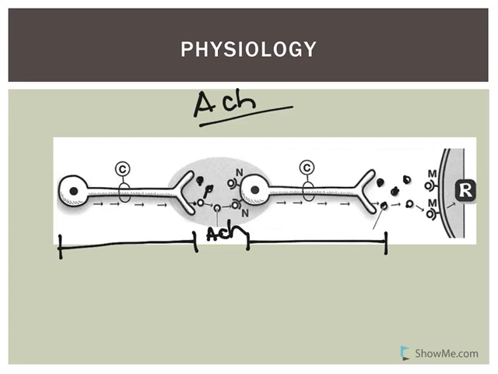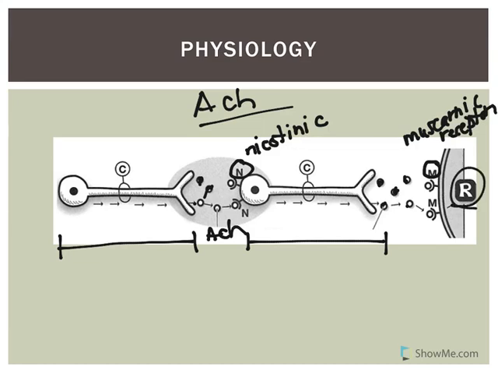Now the receptors located on the cell bodies of the postganglionic neurons, you'll notice has the N on it, and those are nicotinic receptors. Nicotinic receptors are ligand-gated sodium channels. But when we look over here at the ultimate targets of the parasympathetic nervous system, the acetylcholine binds to what are referred to as muscarinic receptors.